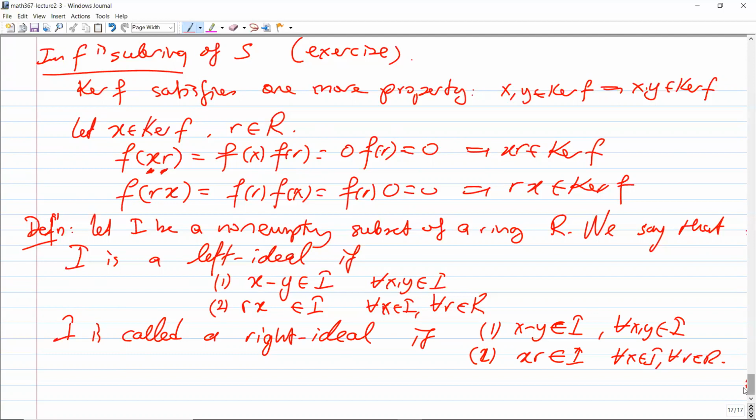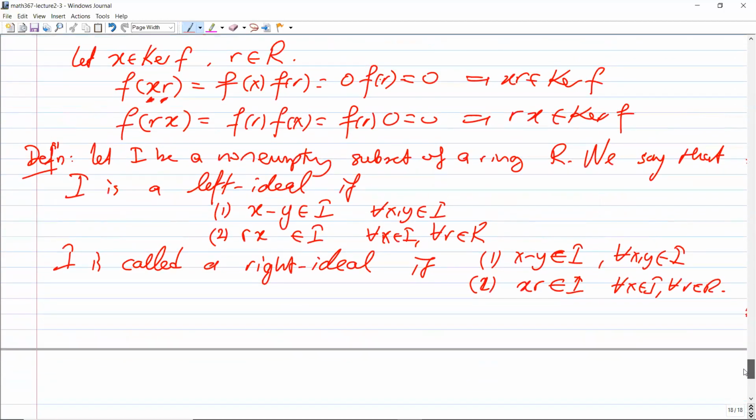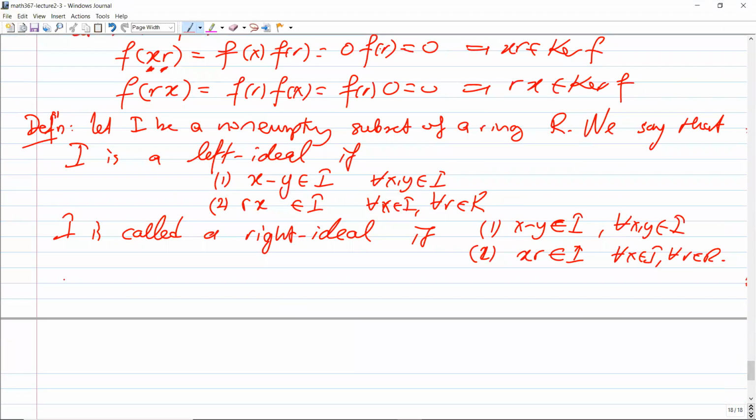And we say that I is an ideal. Usually we will just say ideal, if it is both a left and right ideal.